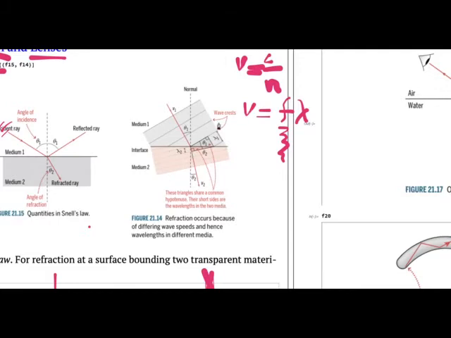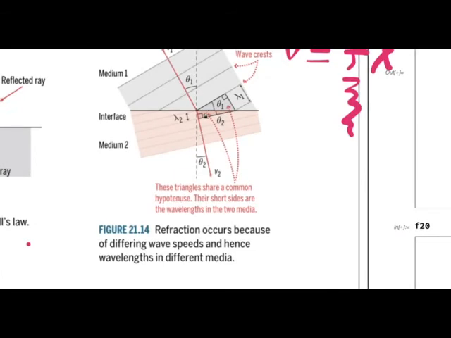And by analyzing, in particular, this triangle, these two triangles have the same hypotenuse. Their short sides are the wavelengths. So this wavelength is lambda 1, this wavelength is lambda 2. And that determines the angles. The sine of theta 1 is lambda 1 over the hypotenuse. Sine of theta 2 is lambda 2 over the hypotenuse.